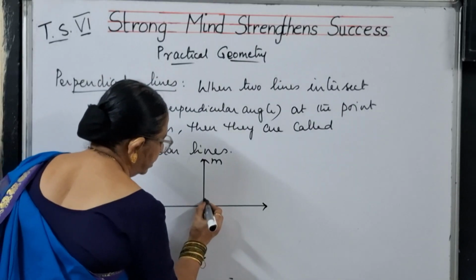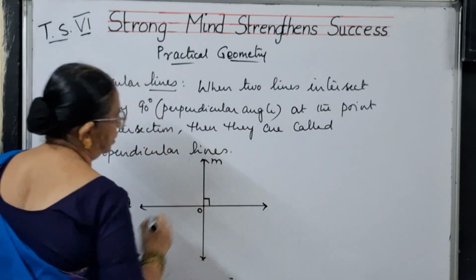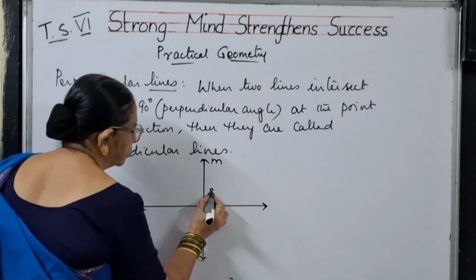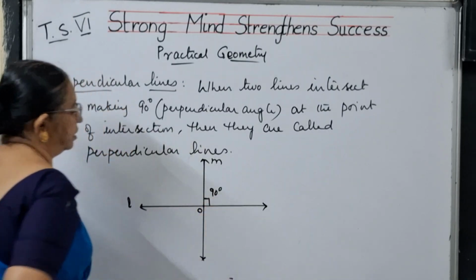So this angle made, if it is 90 degrees, 90 degrees is represented like a box. This is 90 degrees.